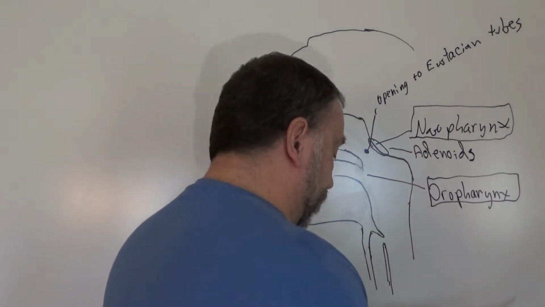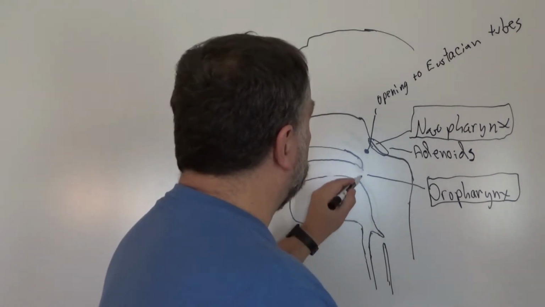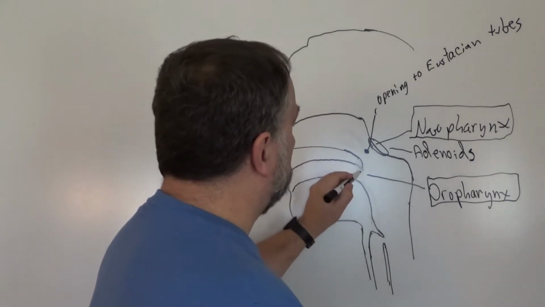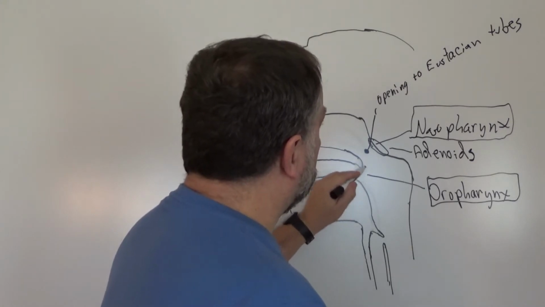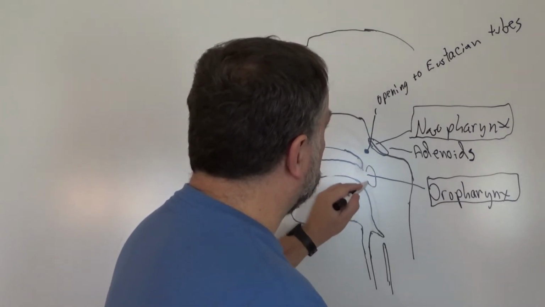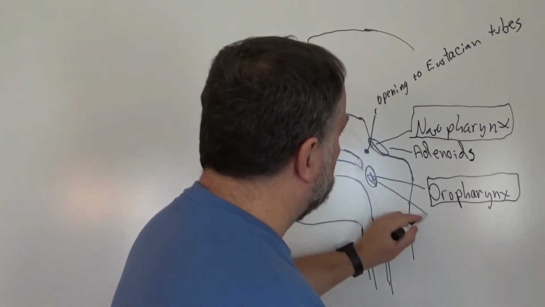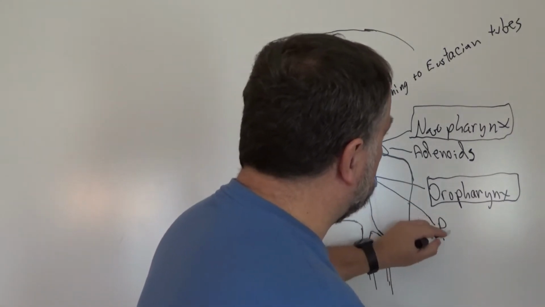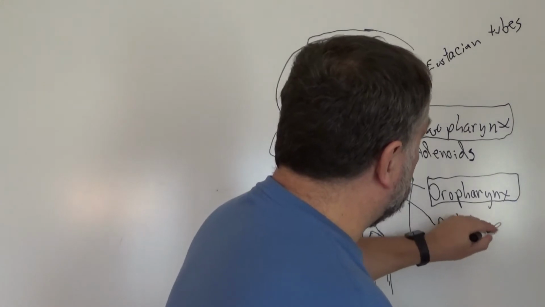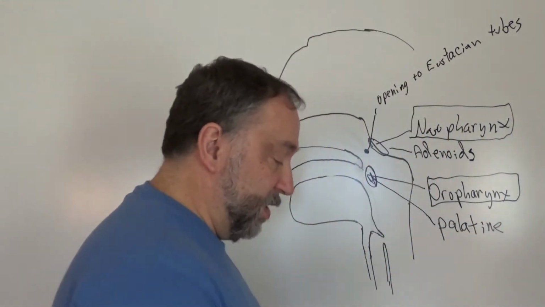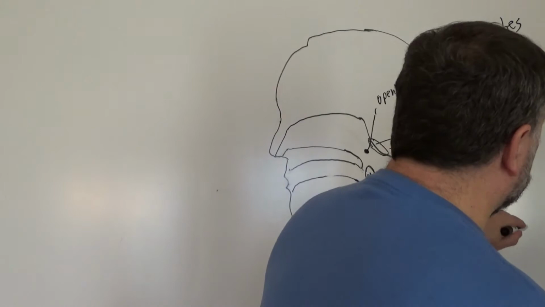And in the oropharynx, we have the uvula in the middle. Then right on the sides, we've got the palatine tonsils, which people just call the tonsils.